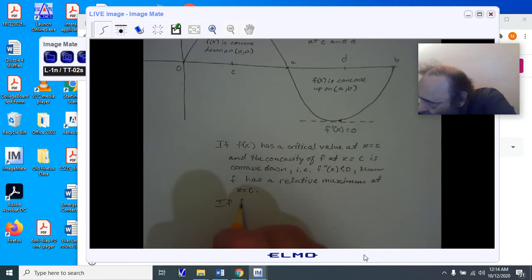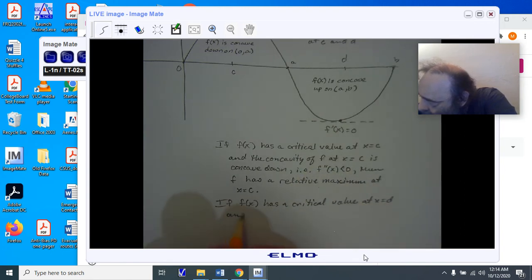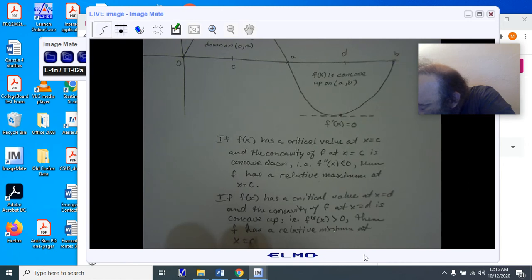If, however, f of x has a critical value at x equals d, and the concavity of f at x equals d is concave up, i.e., f double prime of x is greater than 0, then f has a relative minimum at x equals d.